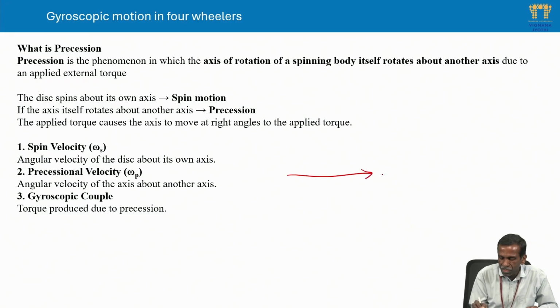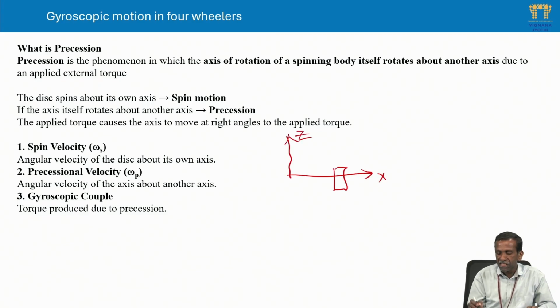So this is the spin axis of rotating bodies. Then we are going to try to rotate this entire spin axis about the z axis. Then it is going to rotate. So that is called precession, rotating about a perpendicular axis.